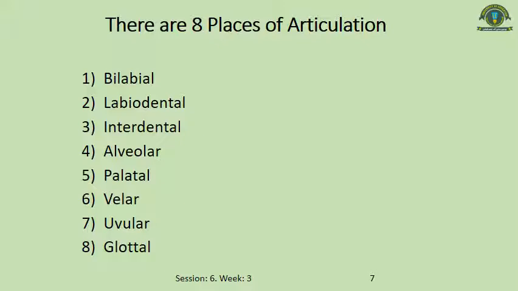Now, when I say bilabial, I'm sure by this time, after having attended 5 sessions, that you can identify it. All right, you understand, 2 lips are together. Okay, so: bilabial, labiodental, interdental, alveolar, palatal, velar, uvular, glottal. I repeat, there are 8 places of articulation.